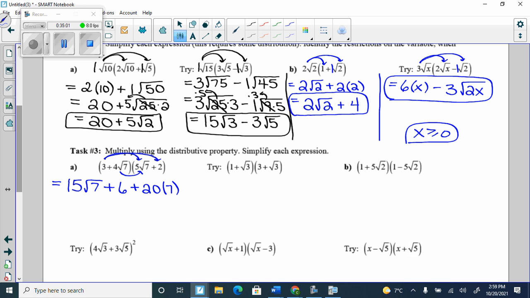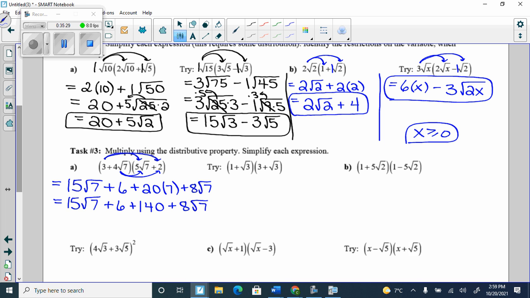And then last terms. 4 times 2 is 8. And then root 7 times nothing is root 7. So let's simplify some stuff here. So we get 15 root 7 plus 6 plus 20 times 7 is 140 plus 8 root 7.